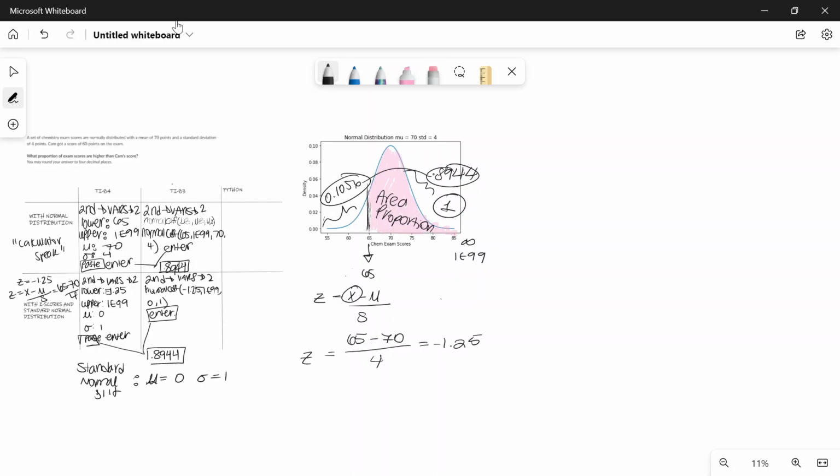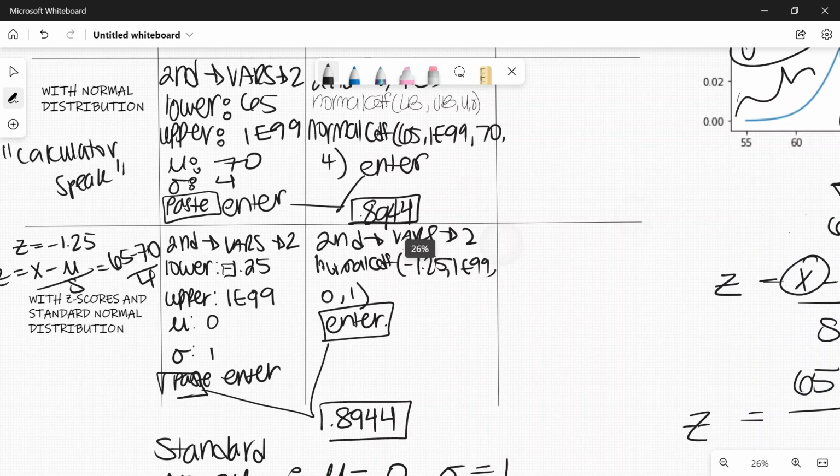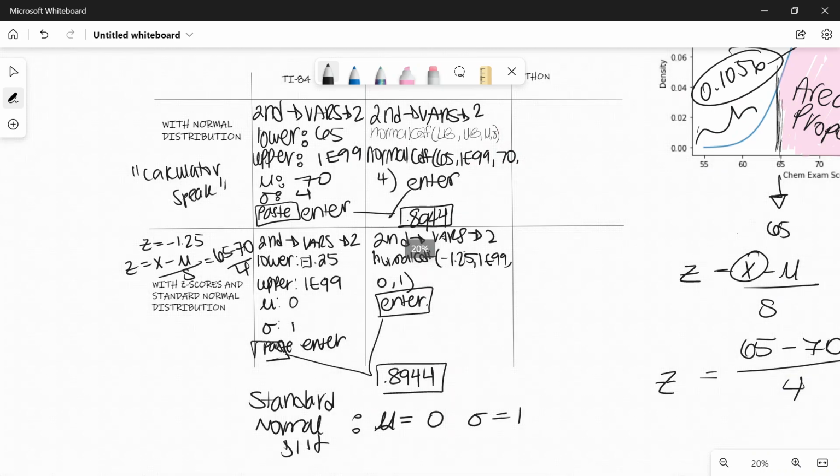Alright, so to recap what we just did with Python in a normal distribution without using z-scores, it's kind of similar to the TI-83 where we have, what is going on?